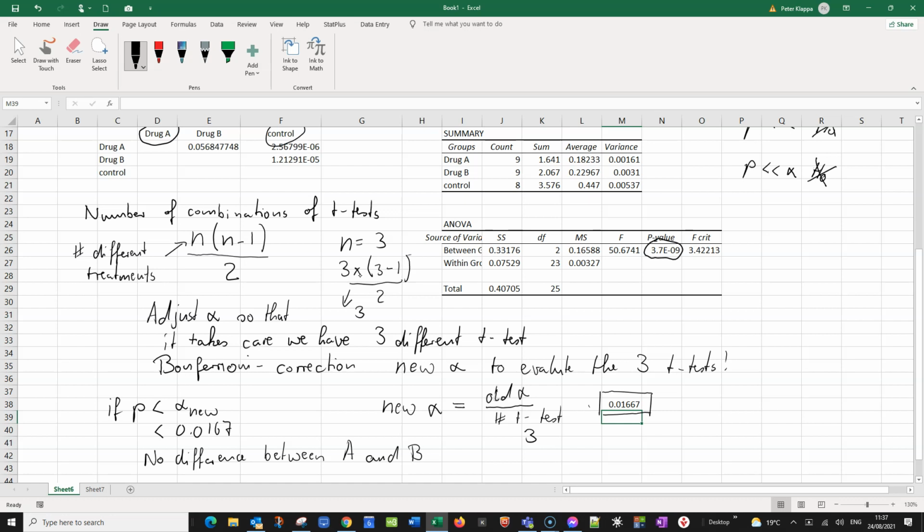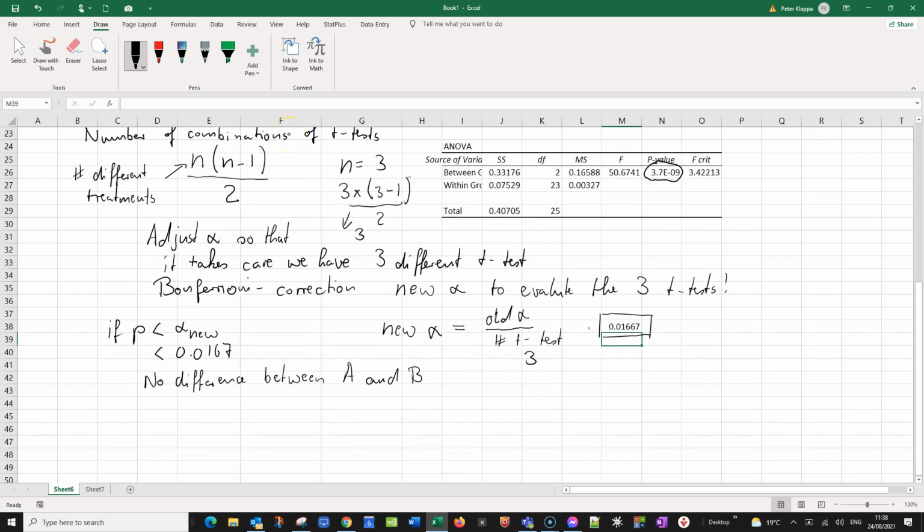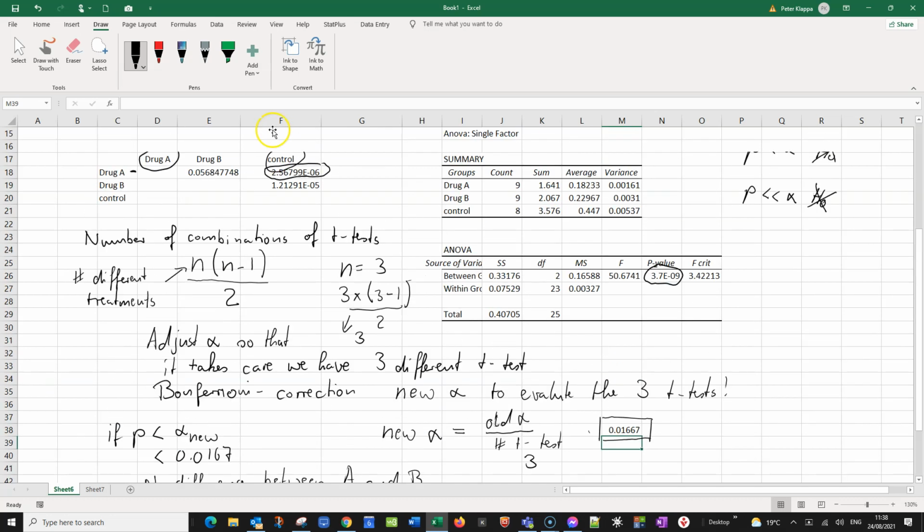Now let's look at the difference between A and the control. Here our p-value is certainly smaller than 0.0167, so there is a difference between A and control. So we know there is a statistically significant difference between drug A and the control.